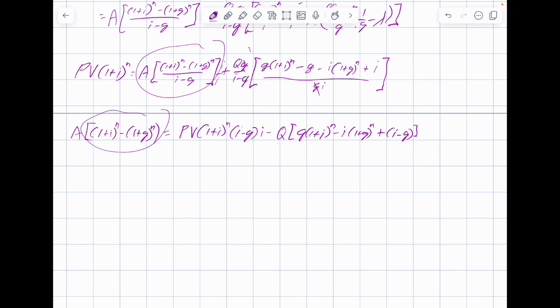Finally, we'll divide both sides by this 1 plus I to the n minus 1 plus g to the n.